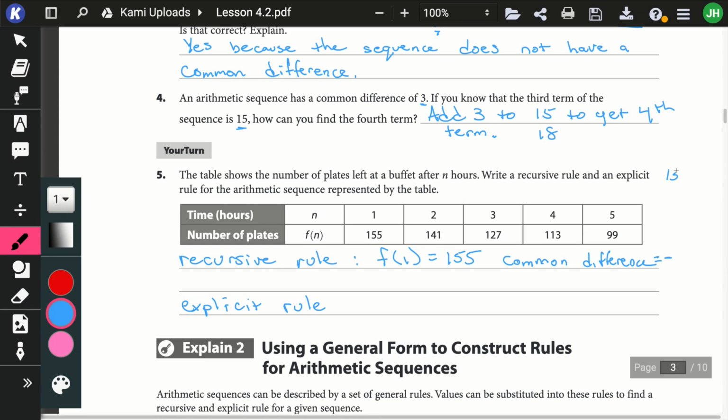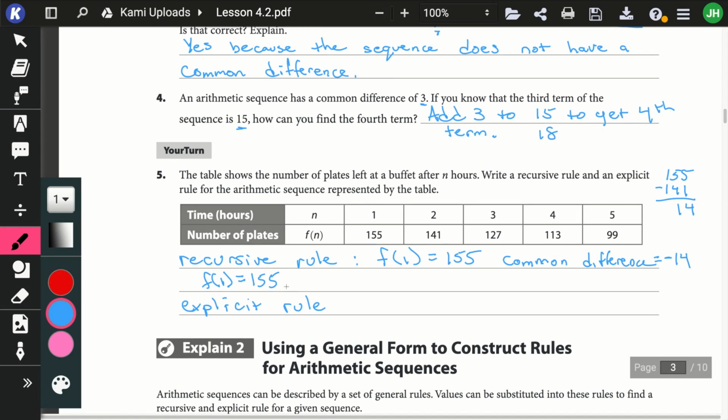Let's see, 155 minus 141. That's 14, so it's negative 14. If f of 1 is 155 and the common difference is negative 14, then the recursive rule is f of 1 equals 155, right? What else?